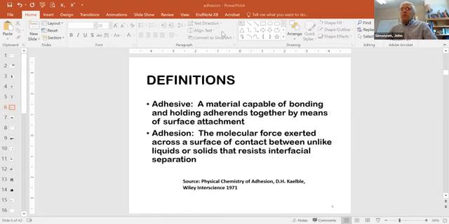So you have two pieces that are glued together, and adhesion is resistance to separating those two things that are glued together, right? So that's what adhesion is. And the adhesive is whatever you're using that works to give you resistance. And the more resistance you get, the better the adhesive.